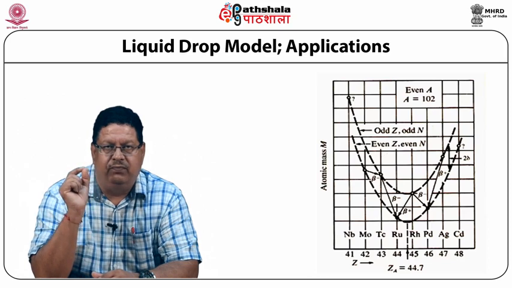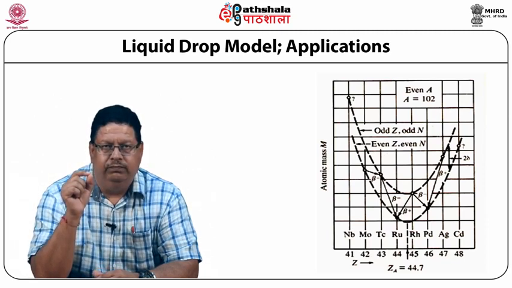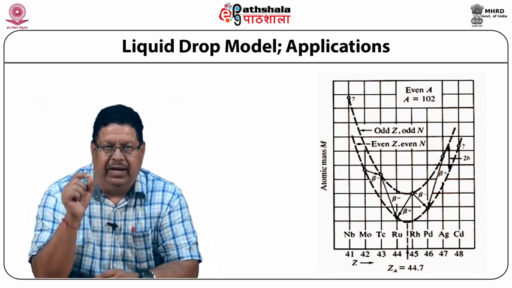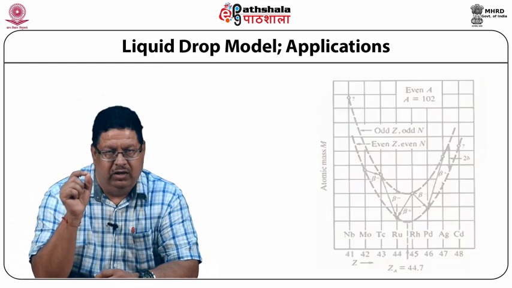So these are the four odd-odd nuclei which are stable. The second thing which we observe among the nuclei is that many even A nuclei can have more than one stable isobar.